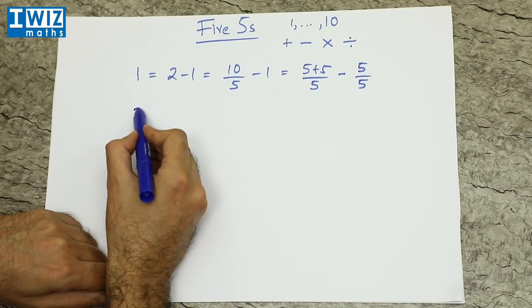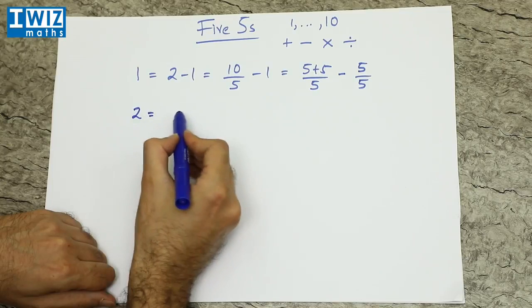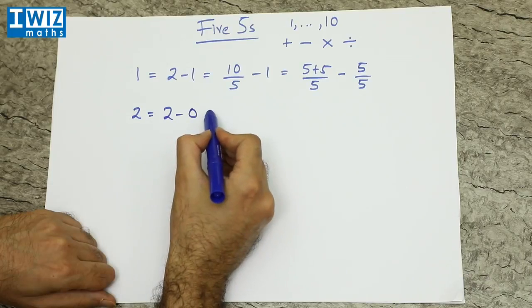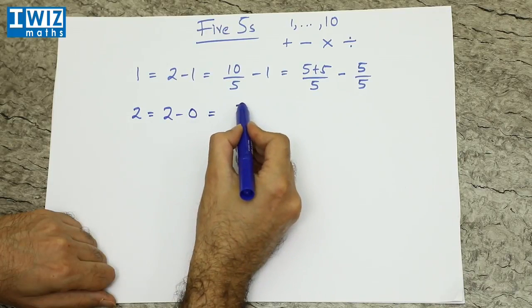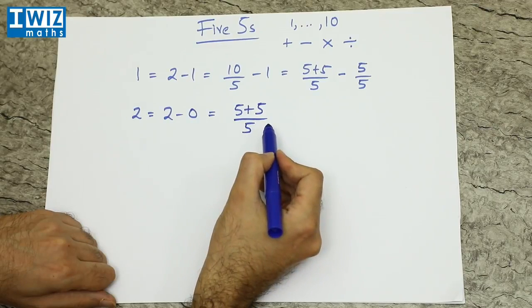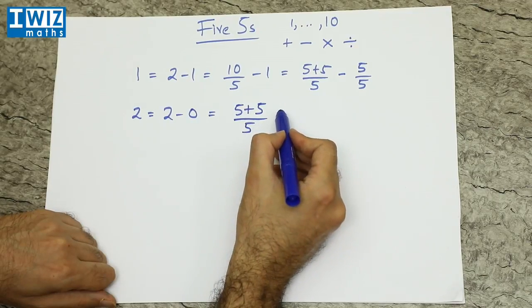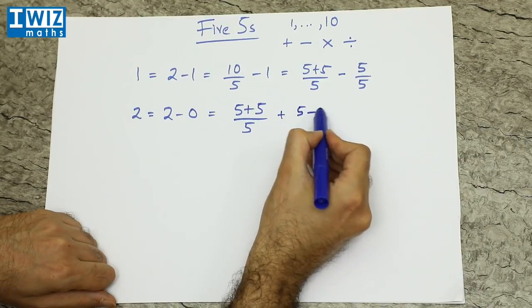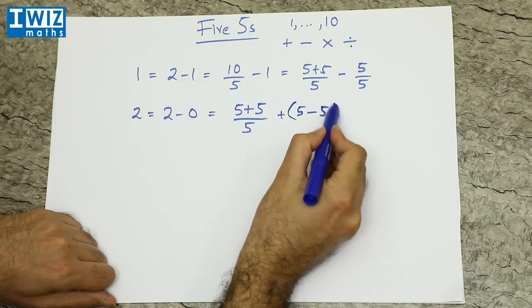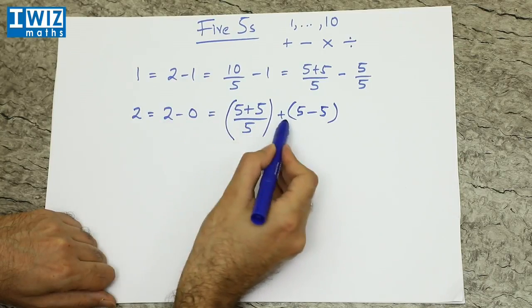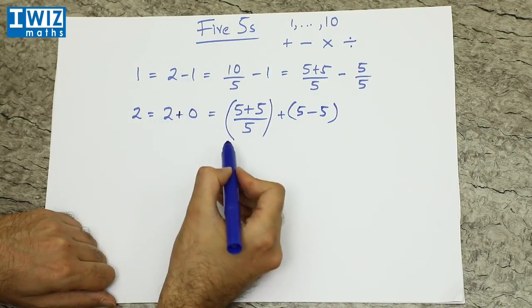So if you want to get to 2, 2 would be 2 minus 0. So that is 5 plus 5 divided by 5 plus 5 minus 5. Okay, so that can actually be either 2 plus 0 or 2 minus 0.